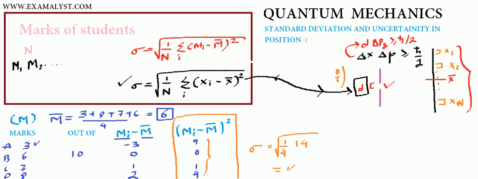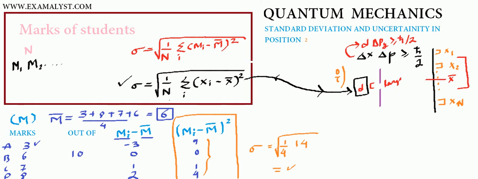Do you agree? For example, if the width of the slit is small, then the spread of electrons along the y-axis will be large. Similarly, if the width of the slit is large, then the spread of electrons along the y-axis will be less.